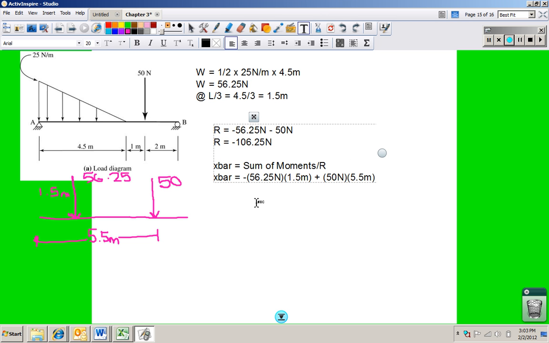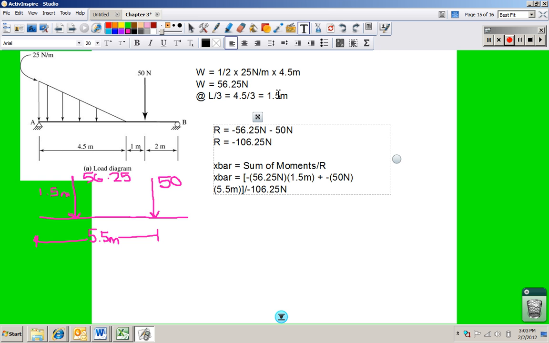And all of that is going to be divided by, oops, I left my negative sign off, a negative 106.25 newtons.